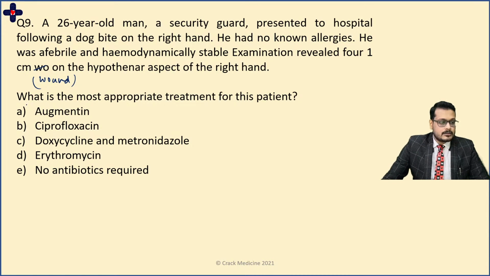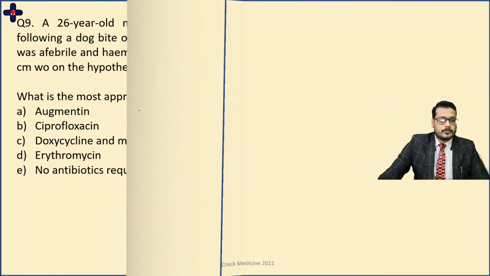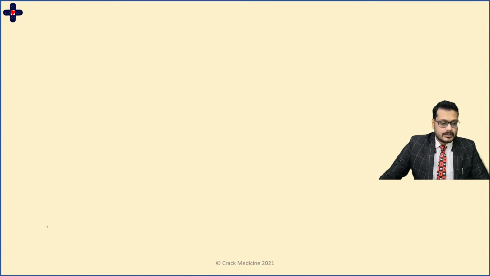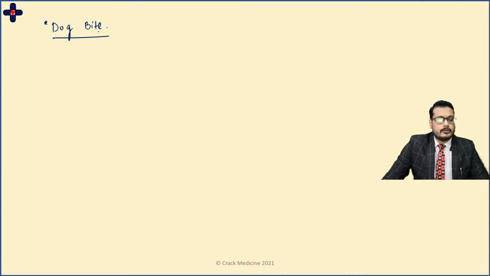Okay, so all of you have answered augmentin, that is co-amoxiclav. So like I said, this question is definitely going to appear on your MRCP Part 1 examination. A question on dog bite, you can write it down in your notebooks that it is definitely going to appear.